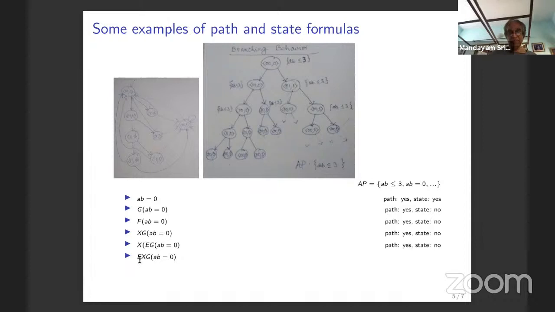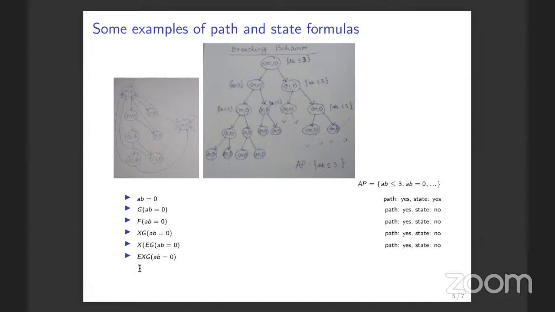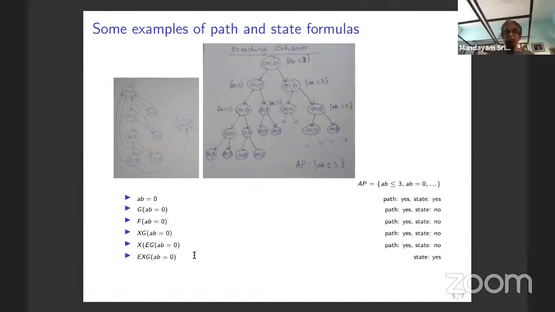Yes, sir, because we saw that every state formula is also a path formula. That's right. It is a state formula, but since every state formula can also be used as a path formula, you could, I guess.